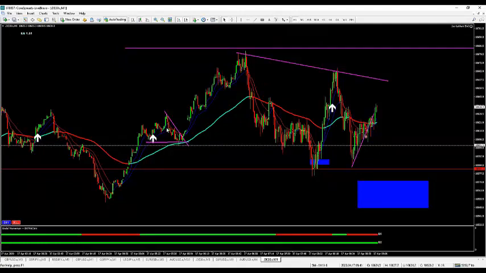For longs, now that it's created a bullish 1, 2, 3, I would want to see this happen. So the trigger here is a 1, 2, 3 above the trigger line.